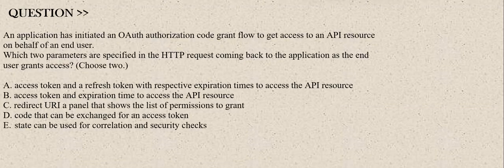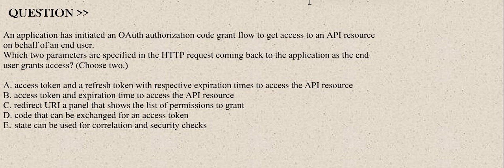Our next question is, an application initiated an OAuth authorization code grant flow to get access to an API resource on behalf of an end user. Which two parameters are specified in the HTTP request coming back to the application as the end user grants access? Choose two. The options are: option A, access token and refresh token with the respective expiration times to access the API resource.